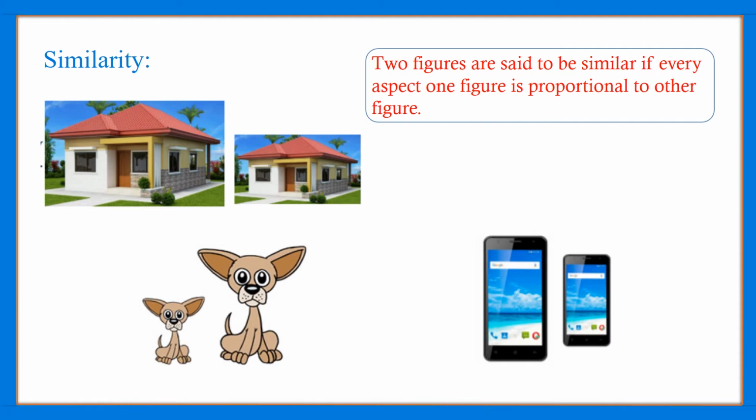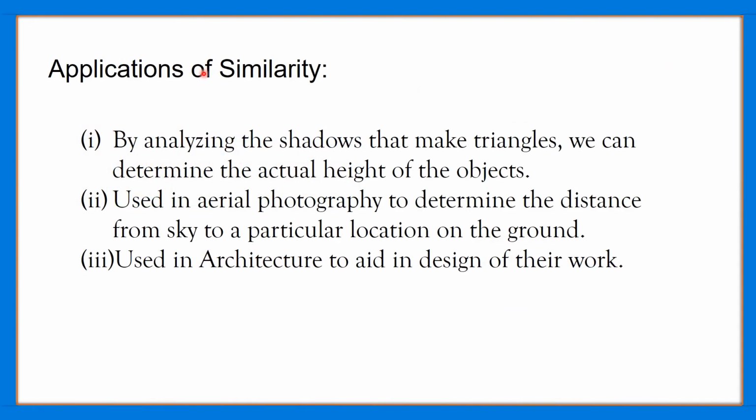Then let us see some of the applications of similarity. The similarity concept is used in analyzing the shadows that make triangles, and we can determine the actual height of the object by using the similarity concept.